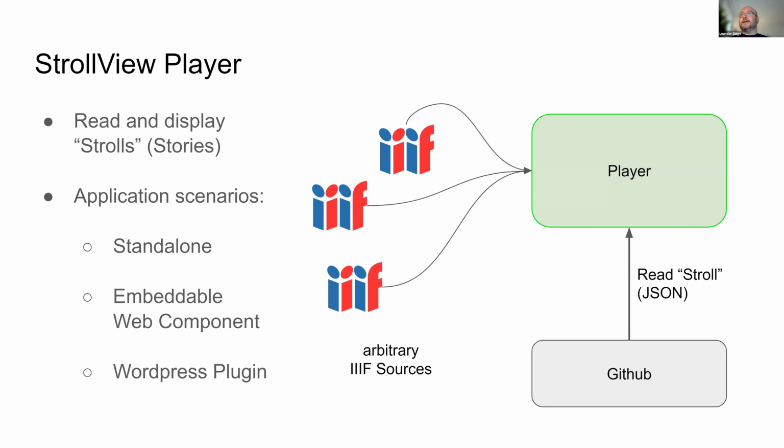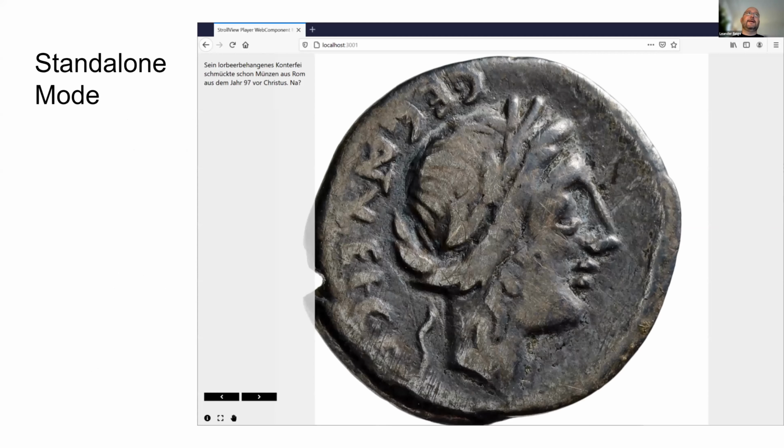The player, on the other hand, retrieves the Stroll JSON files from GitHub, and then it is possible to render the same presentation in very different ways. For instance, the player is designed as a so-called web component.